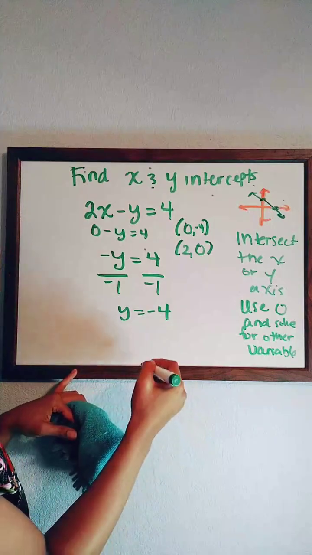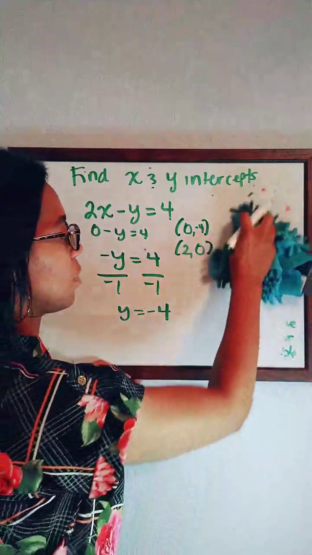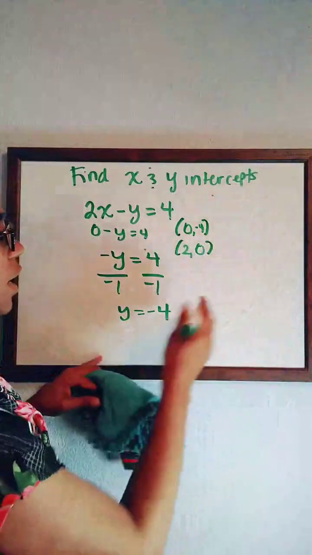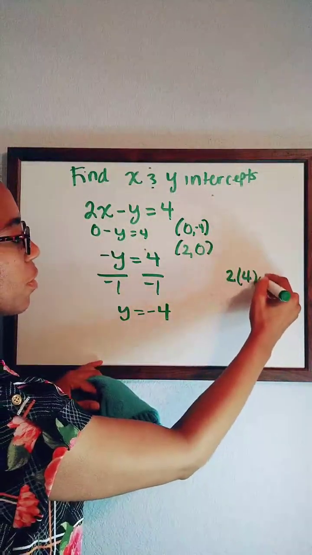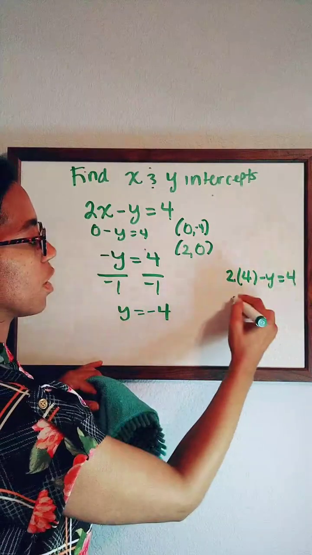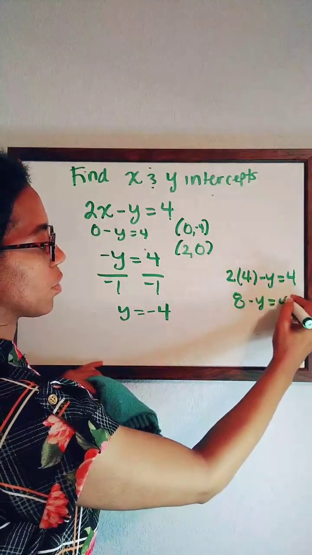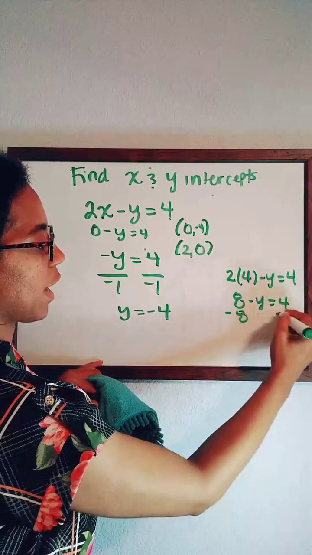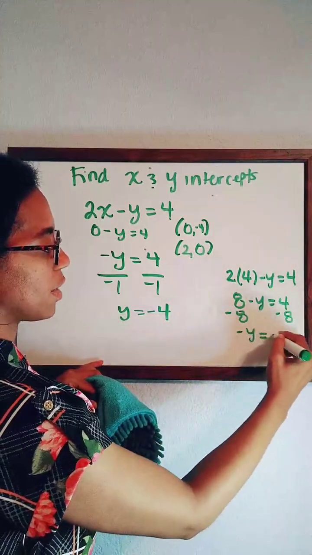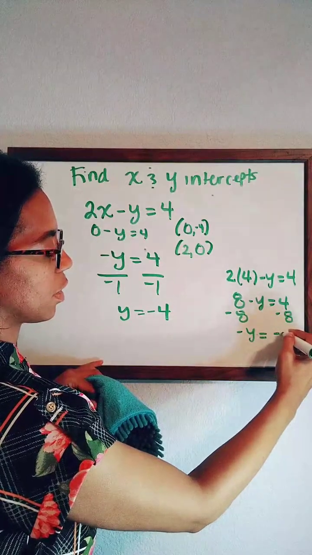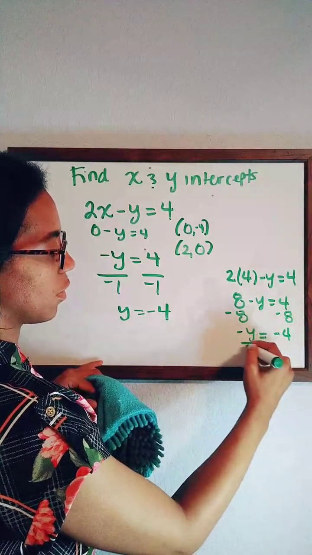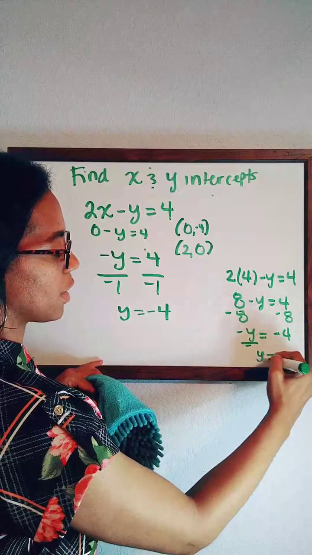Okay, Latrice. And so Sally Queen, you're asking if I was to say 2 times 4 minus y is equal to 4, that would be 8 minus y is equal to 4. So subtract 8, -y is equal to -4, divide, so y is equal to 4.